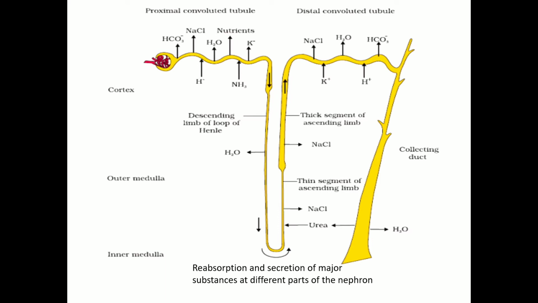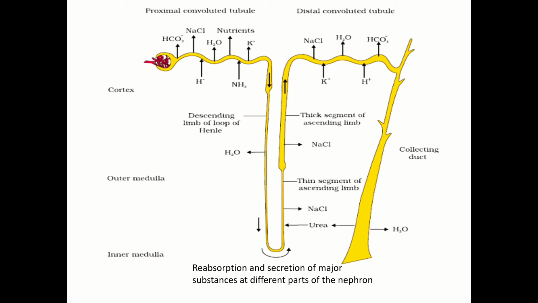Second part is Henle's loop, or loop of Henle. Reabsorption in this segment is minimum, but it plays a significant role in maintenance of high osmolarity of the medullary interstitial fluid. The descending limb is permeable to water and impermeable to electrolytes.